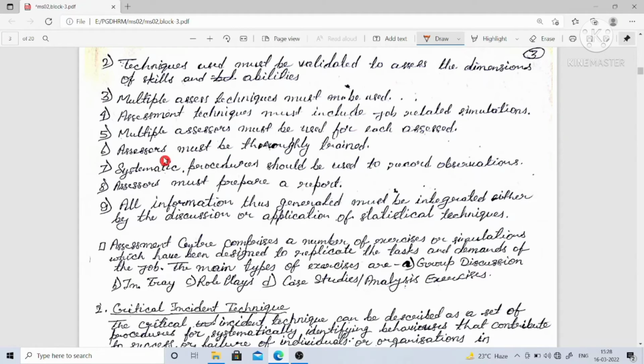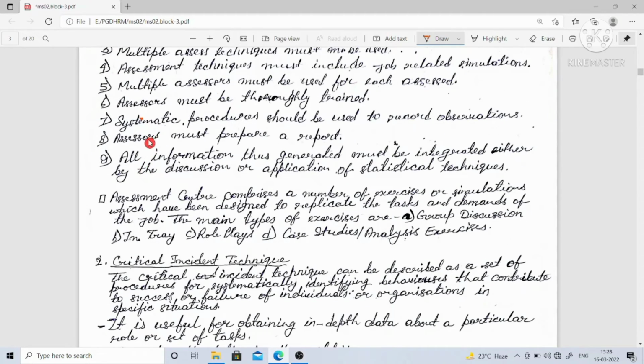Assessors must be thoroughly trained, so it means trained personnel should assess. Systematic procedures should be used to record observations. Assessors must prepare a report.